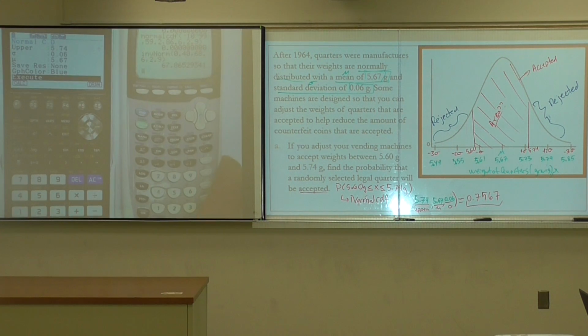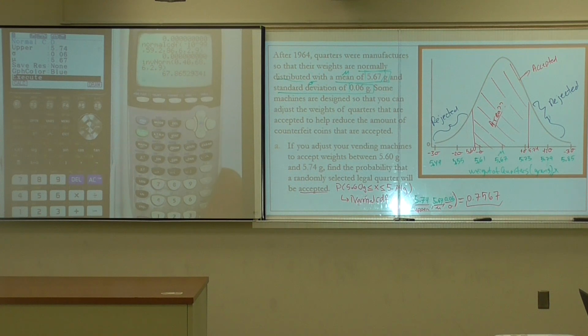Okay, so come over here, similar thing. Once again, second var, distribution, go to the normal CDF, and I'll type everything in. Start with the lower, 5.60, comma. Then we have the 5.74, comma, followed by the mean, which is 5.67, followed by your standard deviation 0.06, close parentheses.